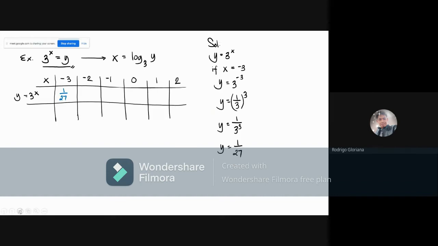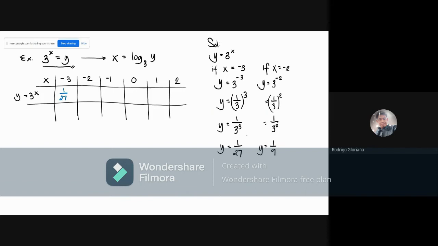So this is 1 over 27. Then, if x is equal to negative 2, same thing, we have y is equal to 3 raised to negative 2. Then the reciprocal of the base, 1/3 raised to positive 2. Then that is 1 over 3 squared, and that is 1 over 9.